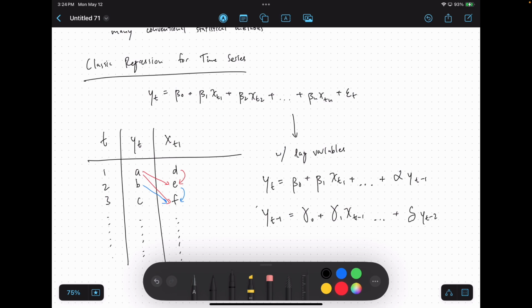Right, and this whole term could substitute into here. Okay? So you have this ability to add in these lag variables to capture these effects.